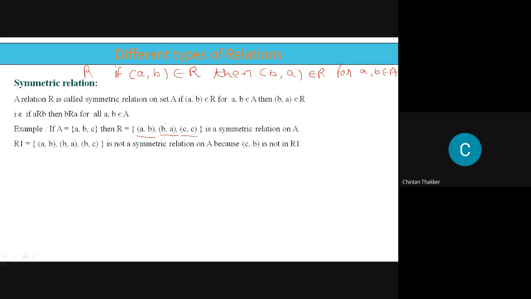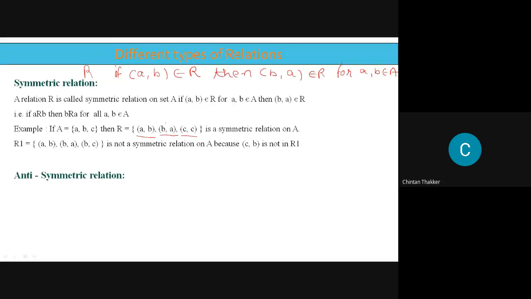Then we have the example. First we take one more relation, the anti-symmetric relation, and then we take examples of symmetric and anti-symmetric relations. Next we have the anti-symmetric relation. What is the anti-symmetric relation?